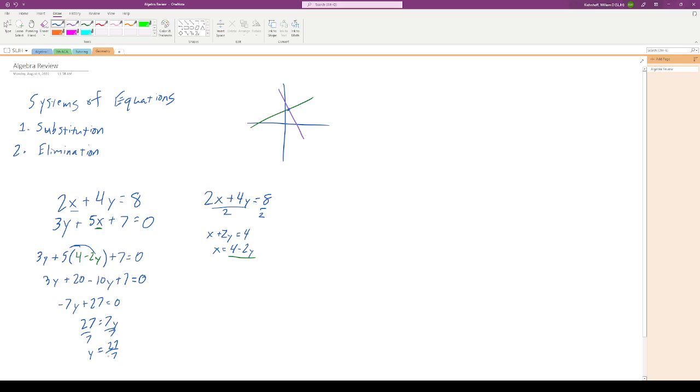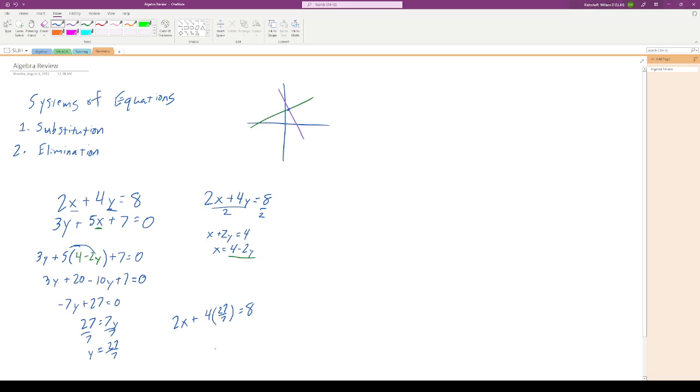So if I plug in 27 over 7 for y right here in the top equation, I get 2x plus 4 times 27 over 7 equals 8. And this is going to tell me the x value at the intersection. So what we're solving for in all of these is an ordered pair.